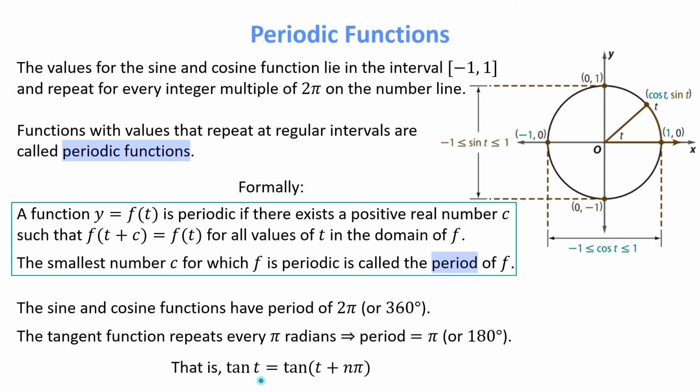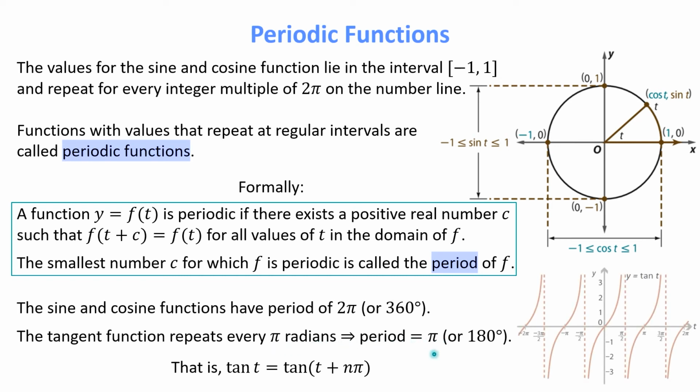And again, just to check that the period of tan is equal to pi, we can look at the tan graph, and we can see that every pi radians, so here's pi, the function repeats itself. And if I go left, it's the same as I go right. So in either direction, the period is indeed pi.